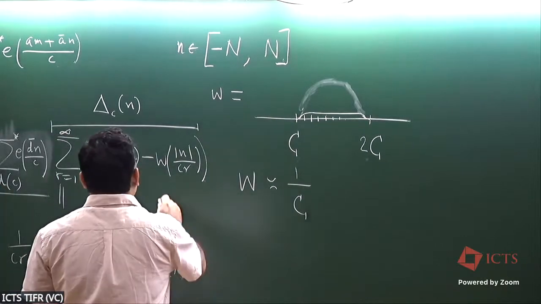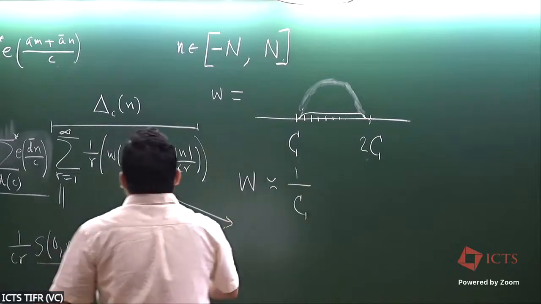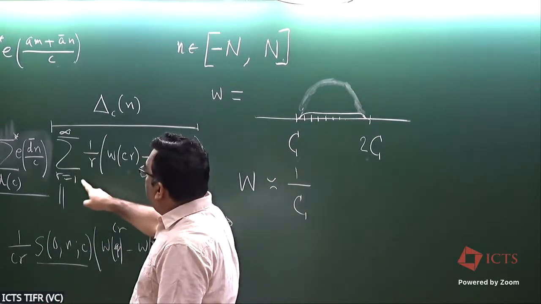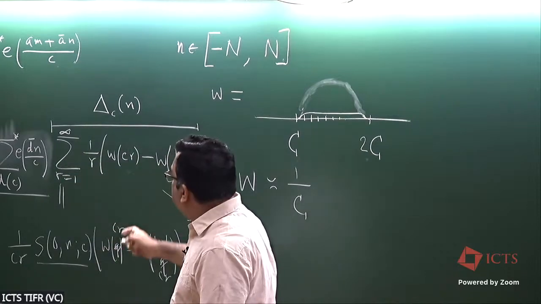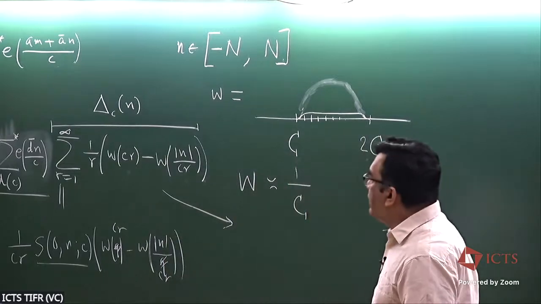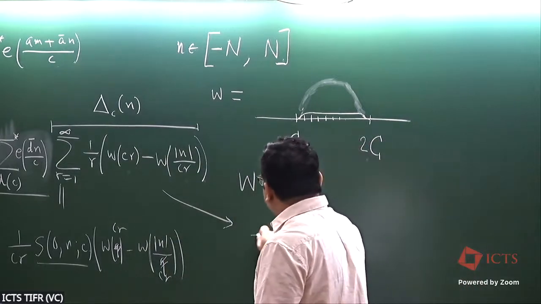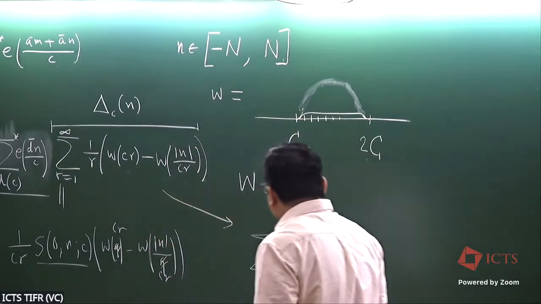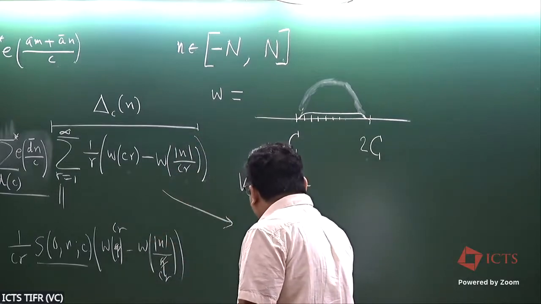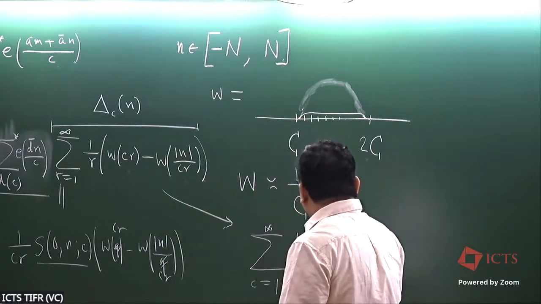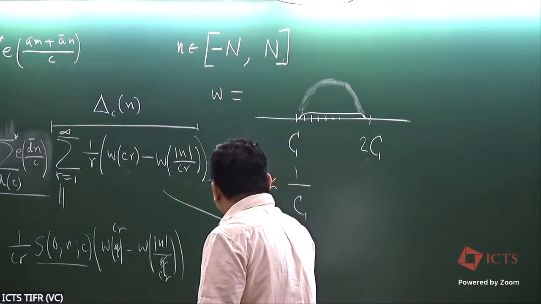So if you look at this sum now, this is of size 1 by capital C, and this r sum is more or less converging because these are supported in dyadic intervals. So you'll have a sum over c. I'm just trying to write down the skeletal part of this formula. So you have a sum over c from 1 to infinity, 1 by c, and then 1 by capital C. I'm just going to write it outside.